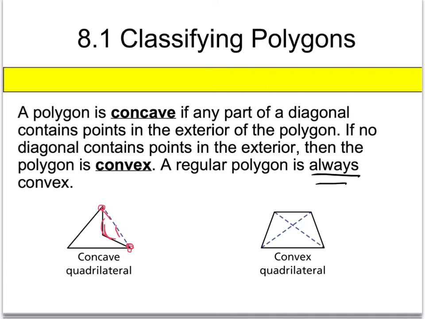So if you connect all of your diagonals, remember diagonals are lines that connect two non-consecutive vertices. Our diagonals here connect two non-consecutive vertices but are always on the inside. Okay? Convex, inside; concave, outside when talking about diagonals.